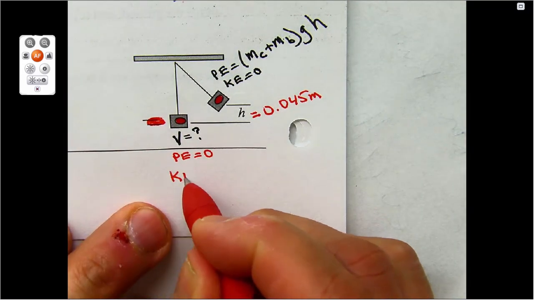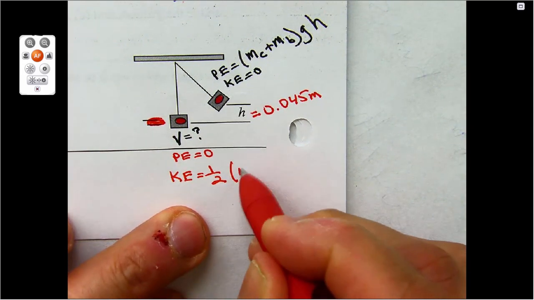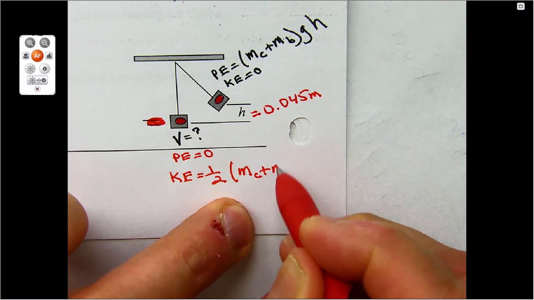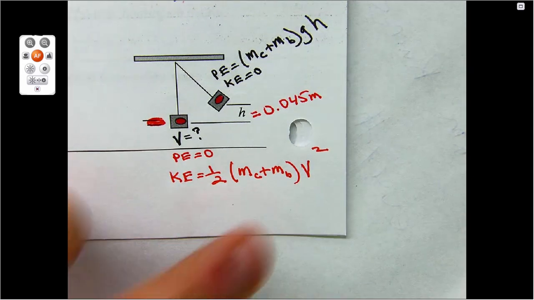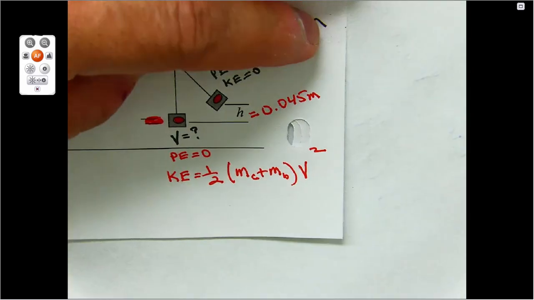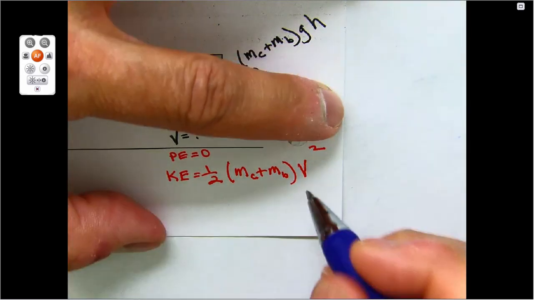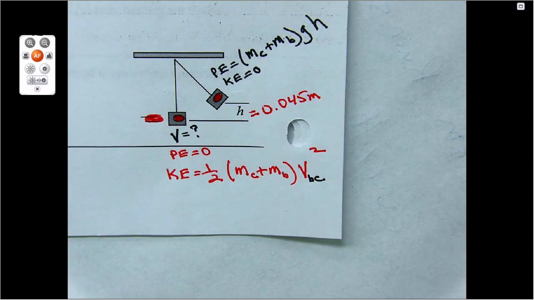Yeah, my kinetic energy at the bottom is going to be 1/2 mass of the catcher plus mass of the ball, velocity squared, isn't it? Now this velocity, let me clarify. This is the velocity of the ball and the catcher together. Let's put BC on that, right? Because when we do the lab, we're going to add one more calculation to this.